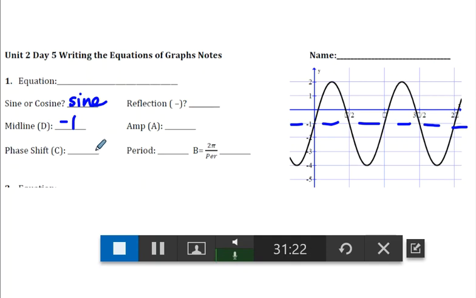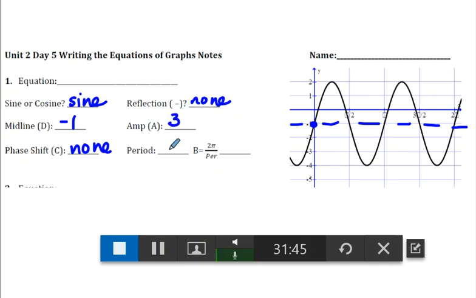Phase shift? None, if you pick your start point right here, right? Okay, somebody new, reflection? No reflection if you're starting right here. All right, Annabelle, the amplitude? Amplitude 1, 2, 3, good.